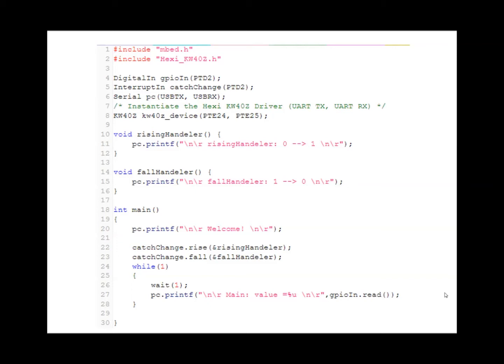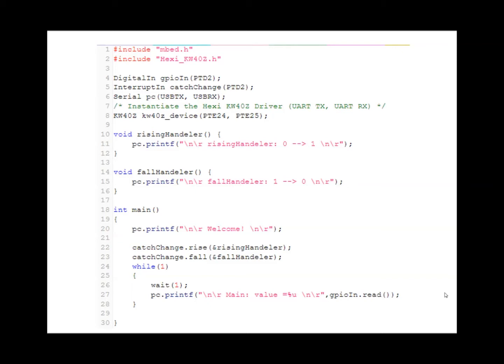Do you remember interrupt vector from last time? So we are telling mbed to execute something whenever something happens, and we give mbed the address of the function to execute. So rise means whenever on the pin there is a rising, do some action.